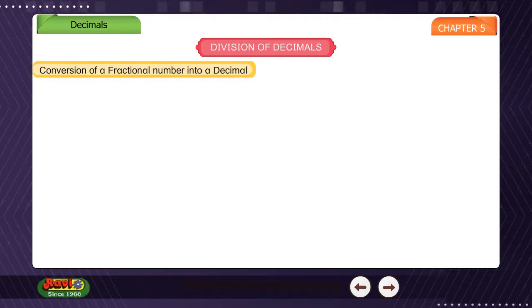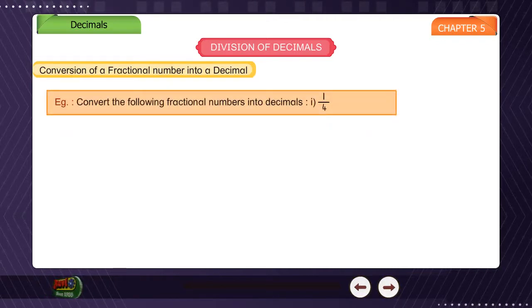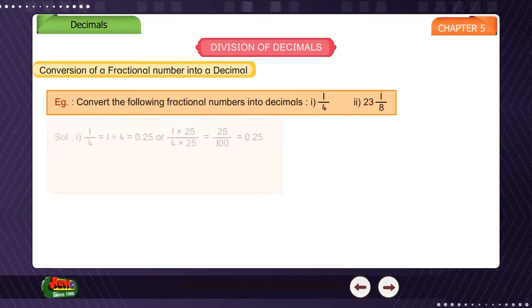Conversion of a fractional number into a decimal. Example, convert the following fractional numbers into decimals. 1. 1 by 4. 2. 23 1 by 8.